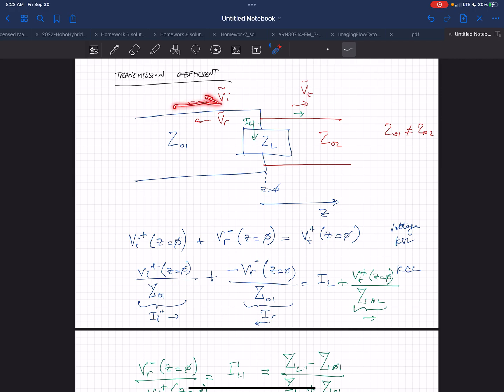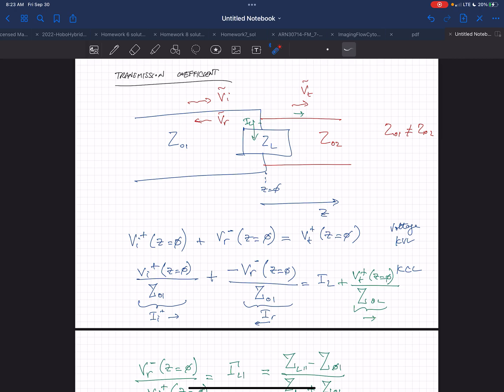It's the incident wave launched from far away, coming towards this load. VR is what got reflected from this load point. Except we also have another transmission line hanging there, so it's not just the load, it's the load in parallel with the transmission line as far as the reflection is concerned.